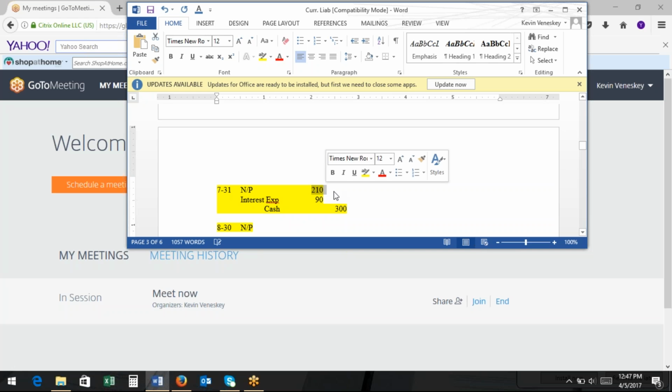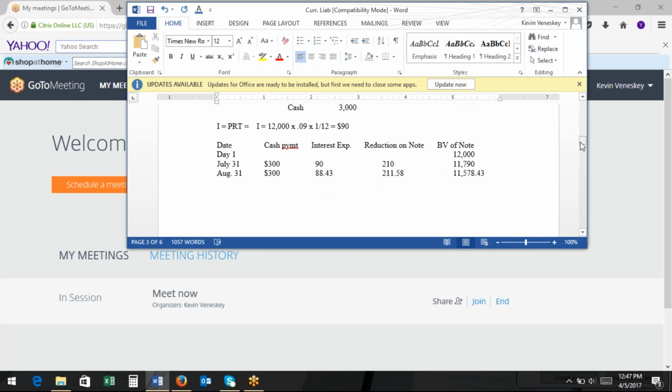But I didn't get a reduction of just 210 anymore. I got a reduction of actually $211.58. It doesn't sound like a lot, but actually that does start to add up over time. And how I got that 211.58 is everything in my little formula stays the same, except the value of my note is now $11,790.